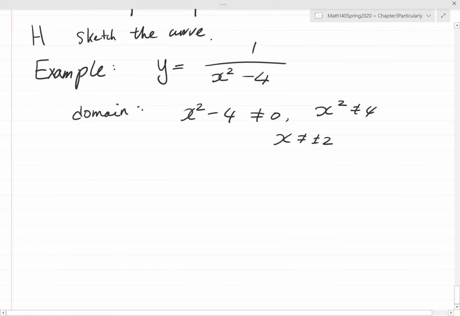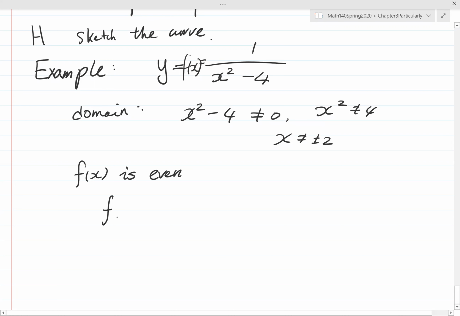And then the symmetry. Let this be f(x). Is f(x) odd? Sorry, f(x) is even, because the only factor that has x is x squared.